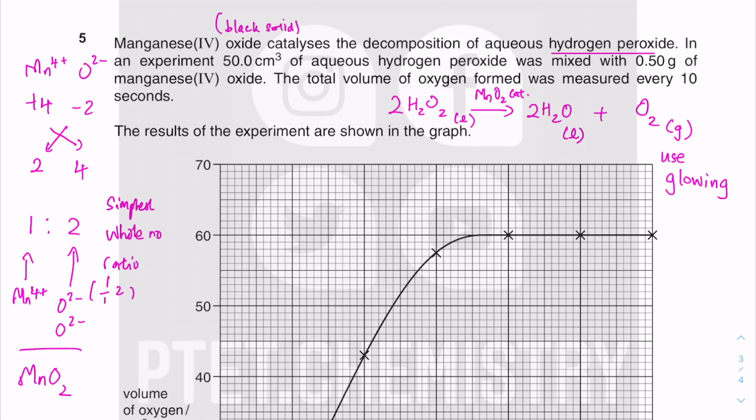A glowing splint is not where the fire is still burning, it's where you get a flicker. The fire is already gone, but there's a little bit of the flicker of the flame, and when you put it into the tube that contains oxygen, the glowing splint will relight. It will go back into burning. Sometimes we call that rekindle. Rekindle meaning it lights up again.